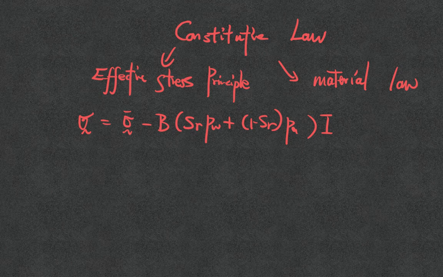Okay, so this is one form of the effective stress coming from the unsaturated equations you can think about, and sometimes we call it the Bishop's effective stress principle, which is a generalization of the Biot's effective stress principle, and Biot's effective stress principle is a generalization of the Terzaghi's effective stress principle, which you learn from undergraduate soil mechanics.